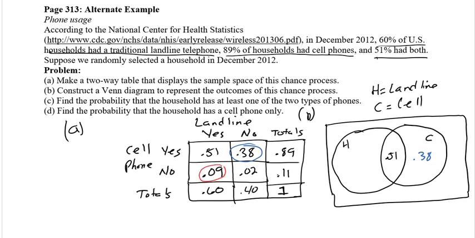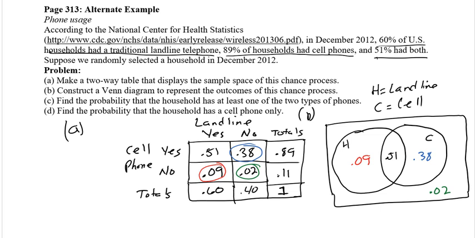And then lastly, this 2%, they neither had a cell phone nor did they have a landline, so that goes out here, 0.02. There is what our Venn diagram for this particular application looks like.